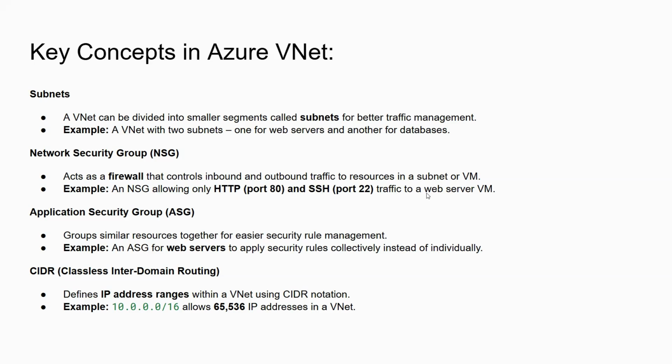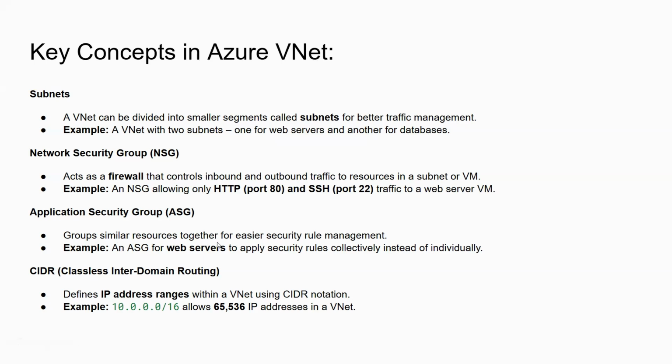And an NSG acts as a firewall that controls inbound and outbound traffic to resources in a subnet or VM. Example, an NSG allowing only HTTP port and SSH port traffic to a web server. Both inbound traffic and outbound traffic, we can restrict.